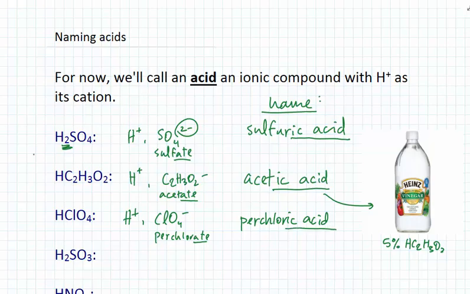So if you can identify an ate ion inside of your acid, and again, acids have H plus, right? Notice from their formula, all of these start with H. So if you've got a substance, if it starts with H, stop. It's an acid. It gets named as an acid.